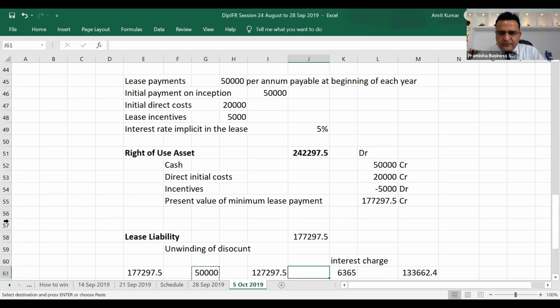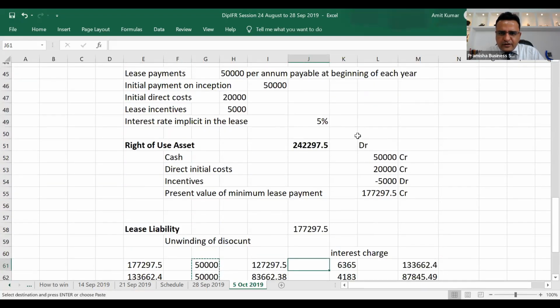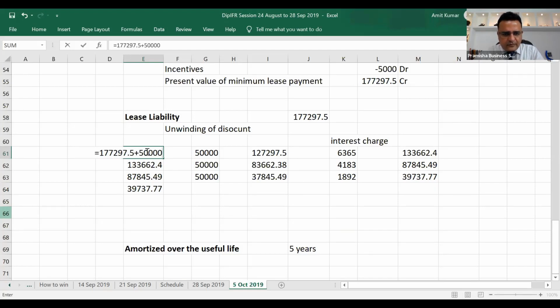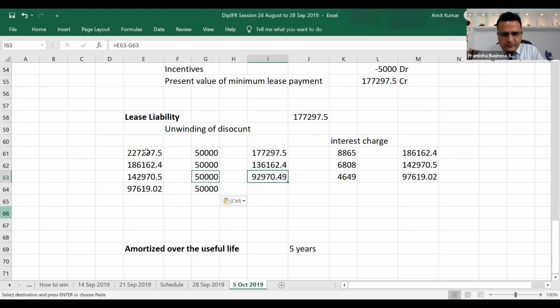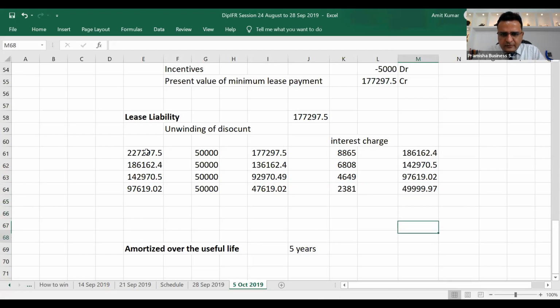This is, we have taken this amount at a discount of 177. If you were wanting at beginning of year, then 177,297. So finally, this becomes the opening balance. 50,000 payment made at the beginning of that year, and it gets settled.